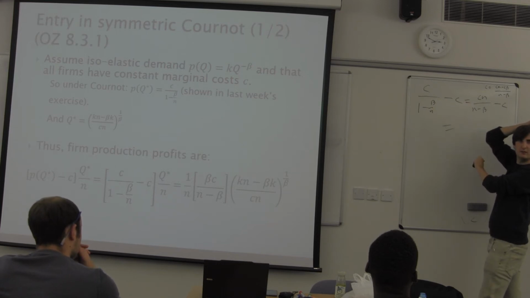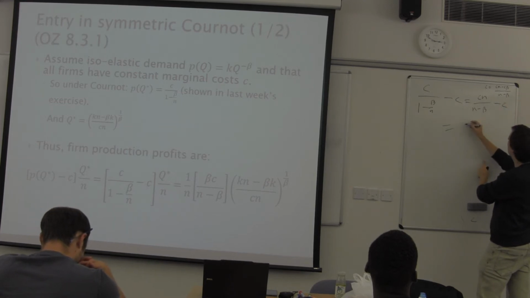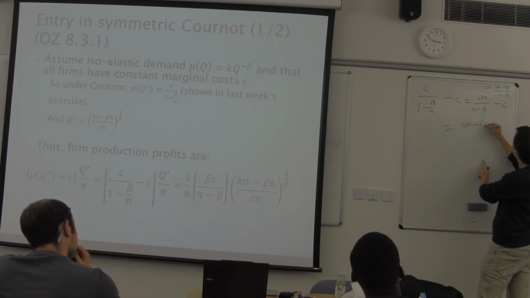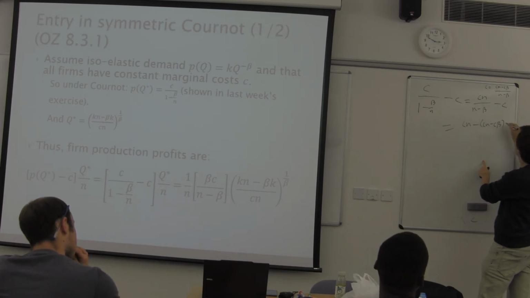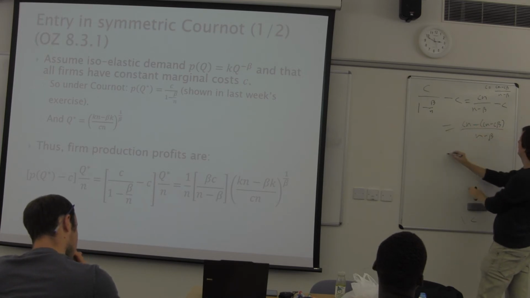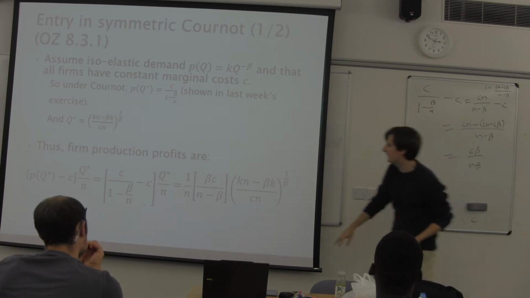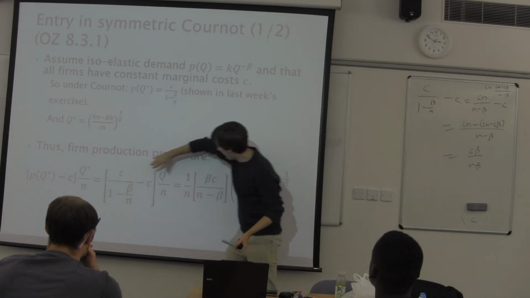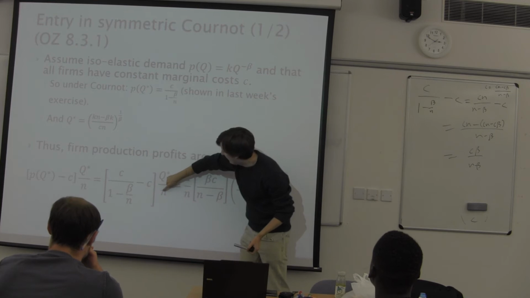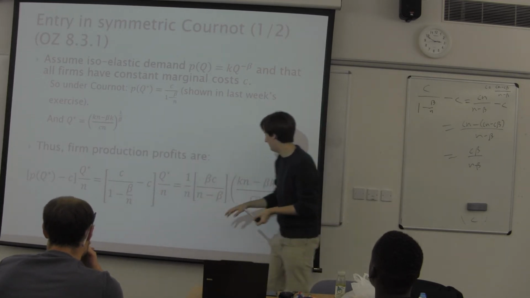So we can combine the two as C times n minus C times n minus C times beta, all over n minus beta. C times n cancel, minus minus makes a plus. So this is C times beta over n minus beta, which is what I've got there. So this thing in brackets is this thing in brackets. The division by n has come there, and Q star is just straight from there.